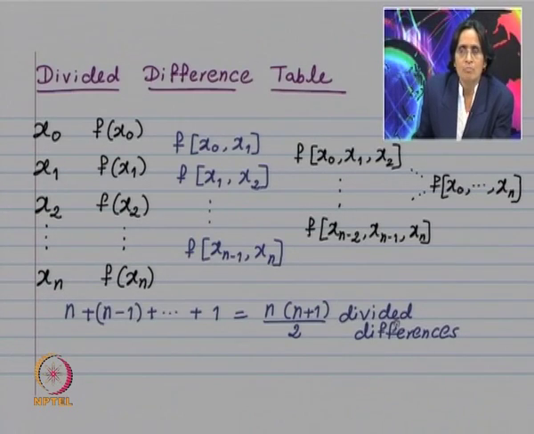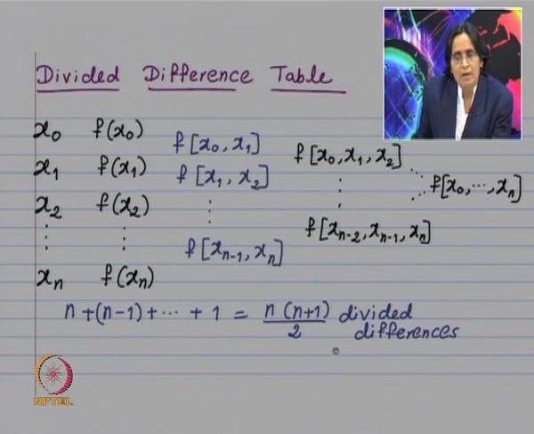So, the total number of divided differences which we will need to calculate will be, in the first column there will be n divided differences, in the second column there will be n minus 1, and in the last column 1. So, thus total it is n into (n plus 1) by 2 divided differences.